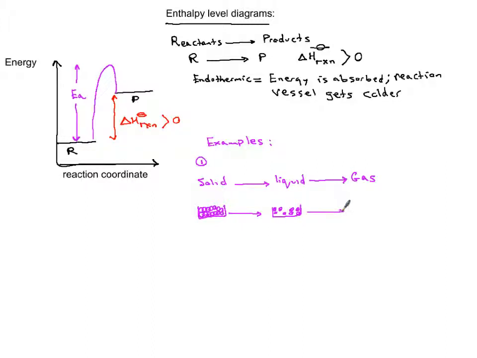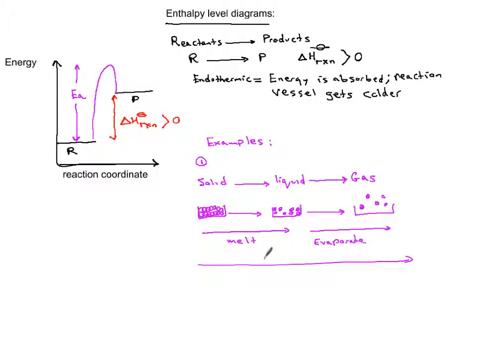Now if you increase the temperature and make them into a gas, they have rotational and vibrational movements and they go away from each other in gaseous form. So when you melt something and then when you evaporate something, that is example of endothermic reaction. So this process is endo. It needs energy to do that.